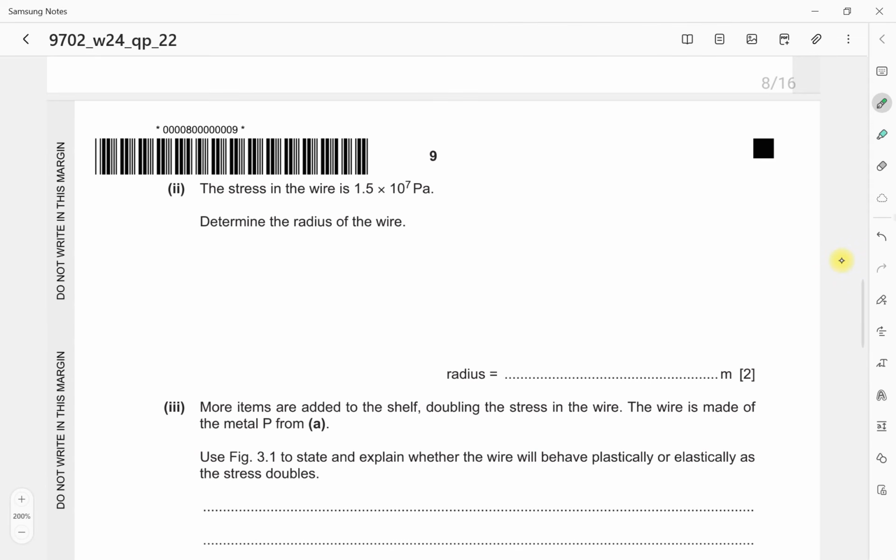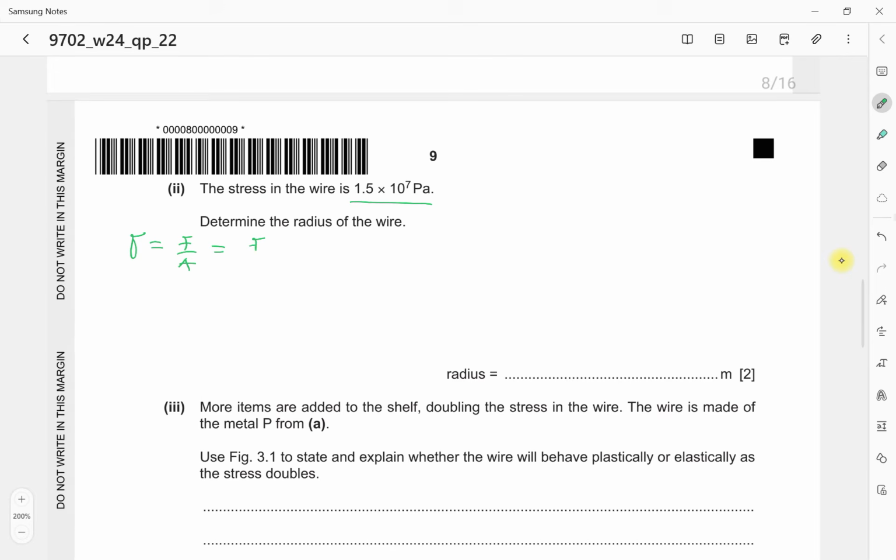The stress in the wire is 1.5 times 10 to the power of 7 pascals. Determine the radius of the wire. So we know that stress is equal to force over area.